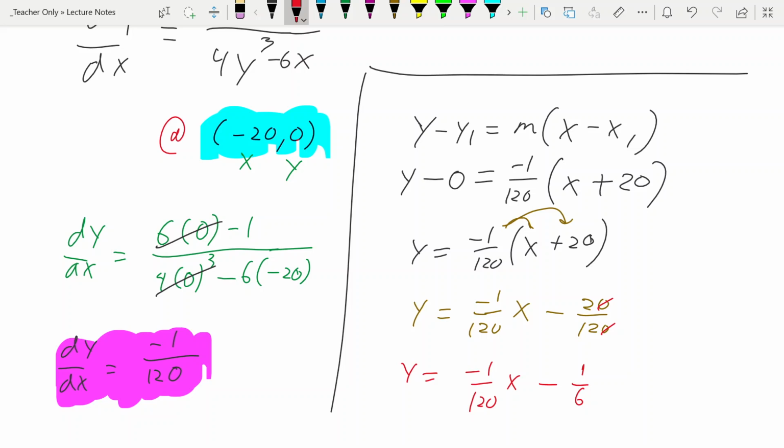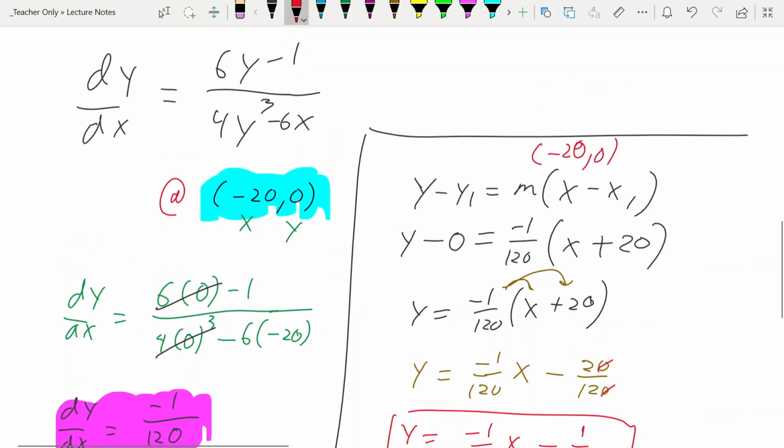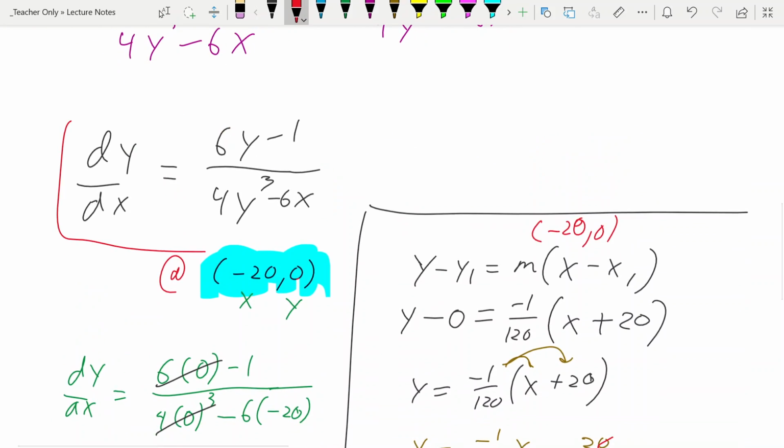And there we go. We have found the equation of the tangent line at the point negative 20, 0, and we have found the equation of the derivative using implicit differentiation.